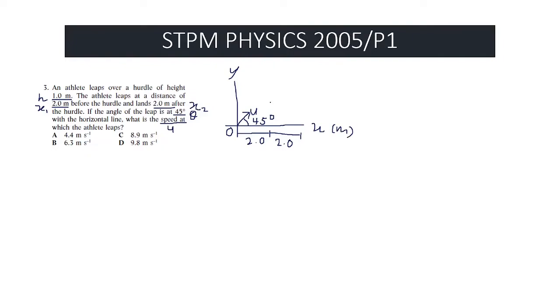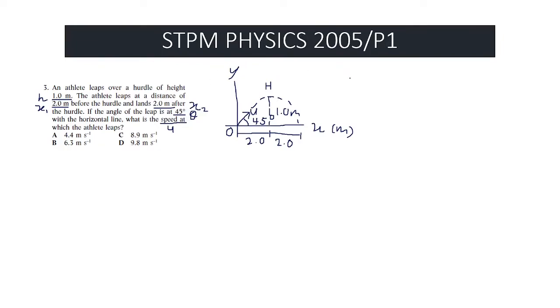From the question, we know that the height is given at the midpoint of the range, so 1 meter here. But actually, this also means this is the maximum height, which we call capital H. So this is the information that the question gives us.